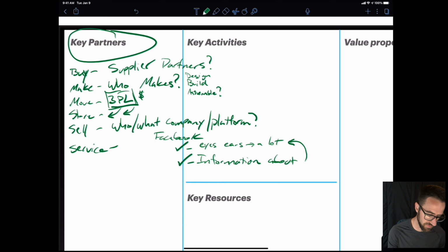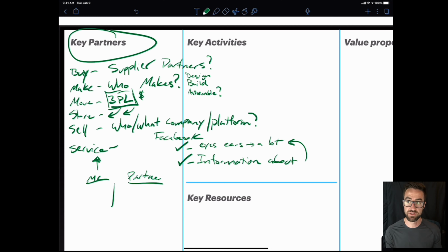Okay, service partner. There's an example I gave in the post on partnerships. Your service partner, or are you doing it yourself? Right, depending on the product, do you want to have a personal touch? In the post I talk about me versus a partner in providing services, and I gave two scenarios.